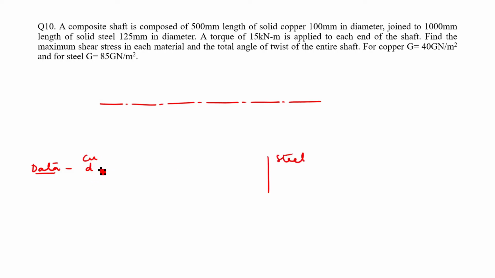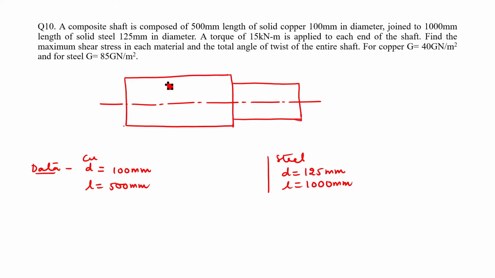So the diameter here is 100 mm and the length is 500 mm. For the steel one, I have the diameter as 125 mm and the length is given as 1000 mm. So I'm drawing the bigger one first. This is say shaft 1, this is shaft 2.